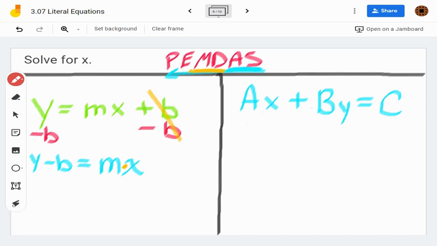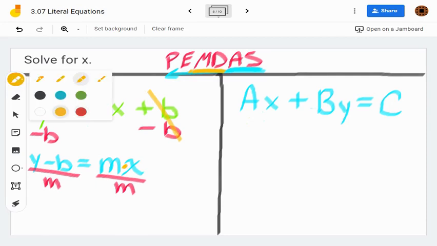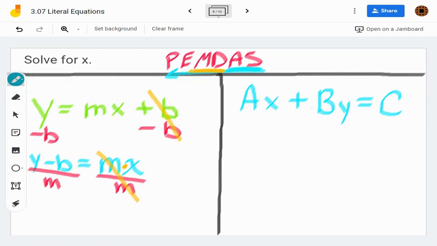The m is what we want to cancel because we're solving for x. So we're going to divide by m, and we have to divide this whole side by m. And then the m's undo each other. They cancel, and you're left with y minus b over m equals x. Since I'm running out of space, I'm just going to leave it that way rather than flipping it around.